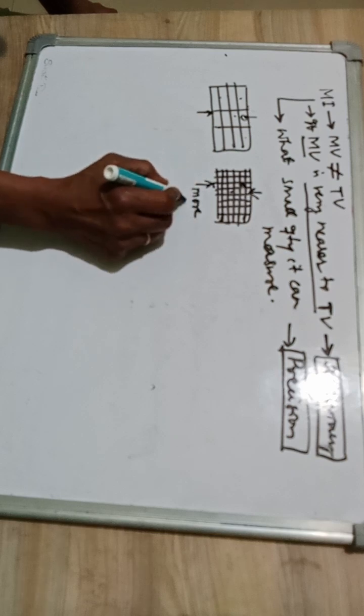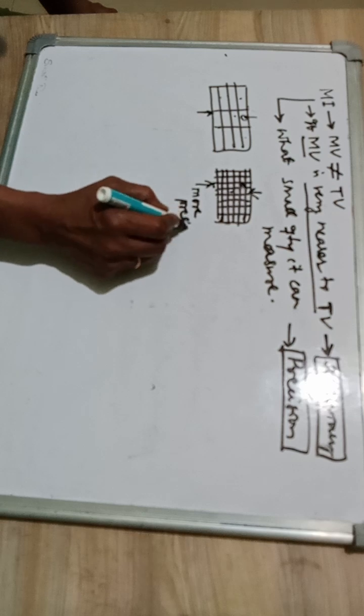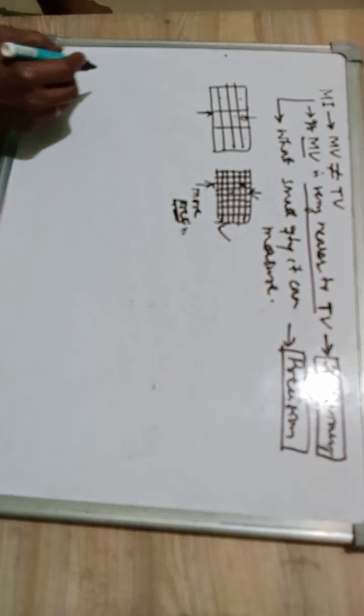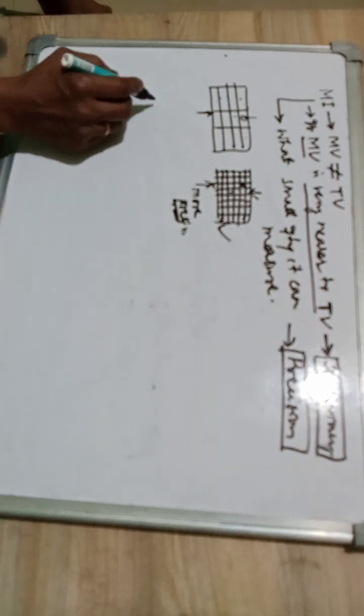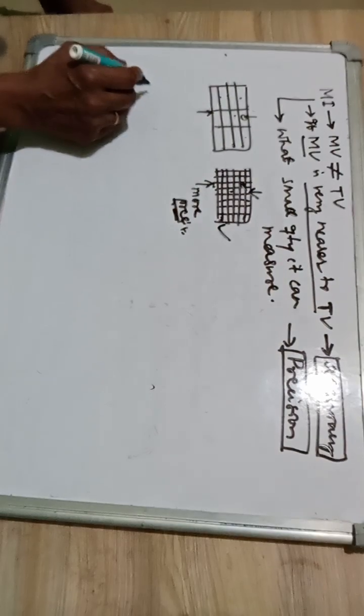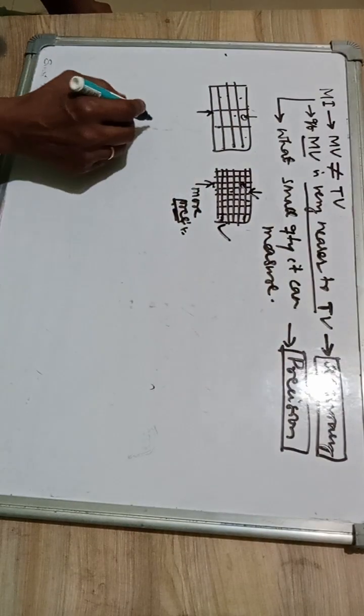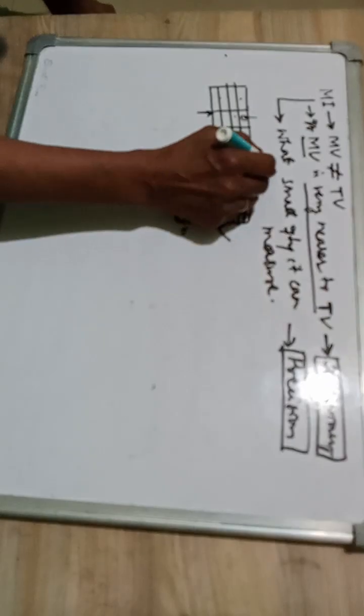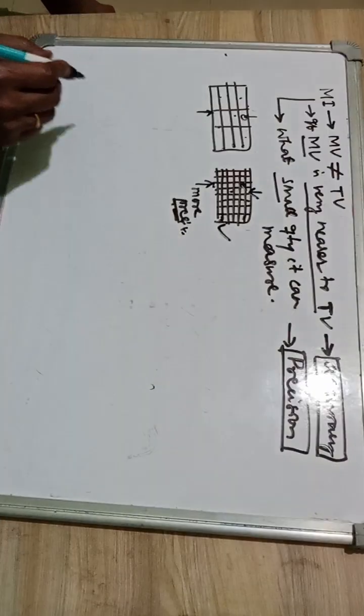Precision of this filter is more. Same way, if you have two measuring instruments, the measuring instrument which can measure the smallest quantity is more precise.